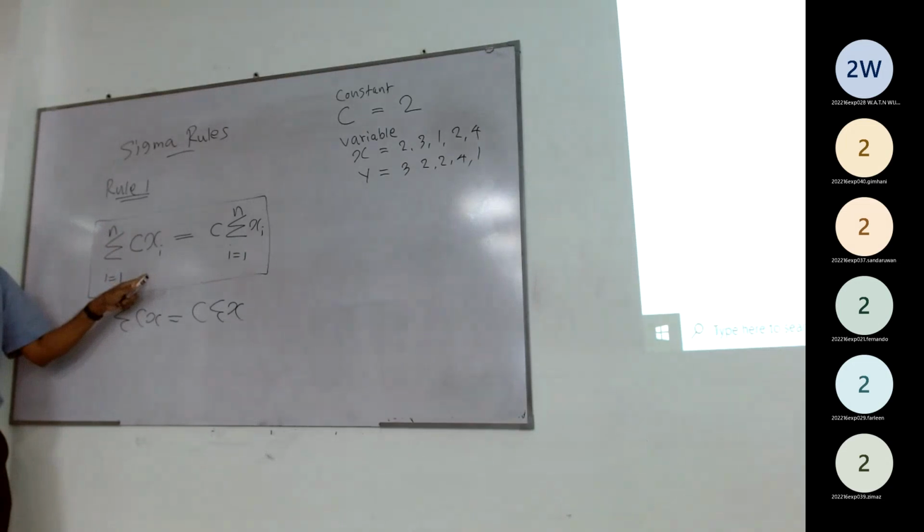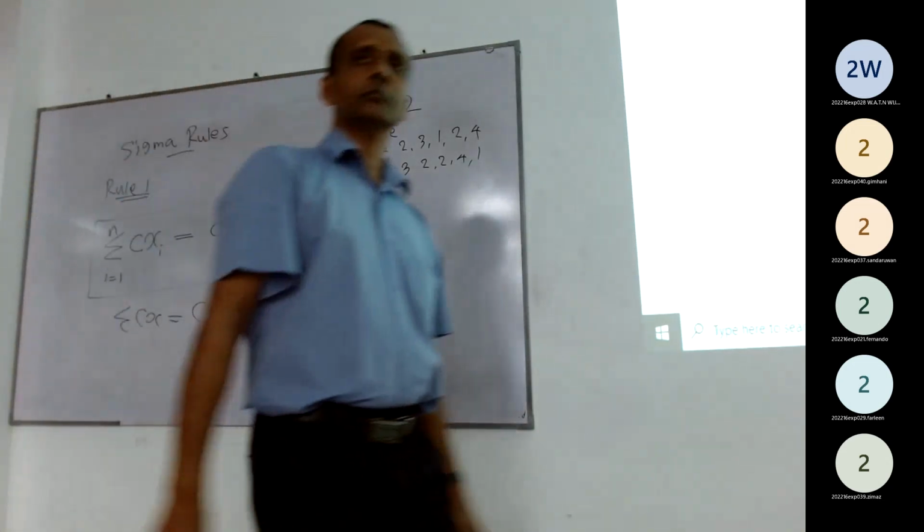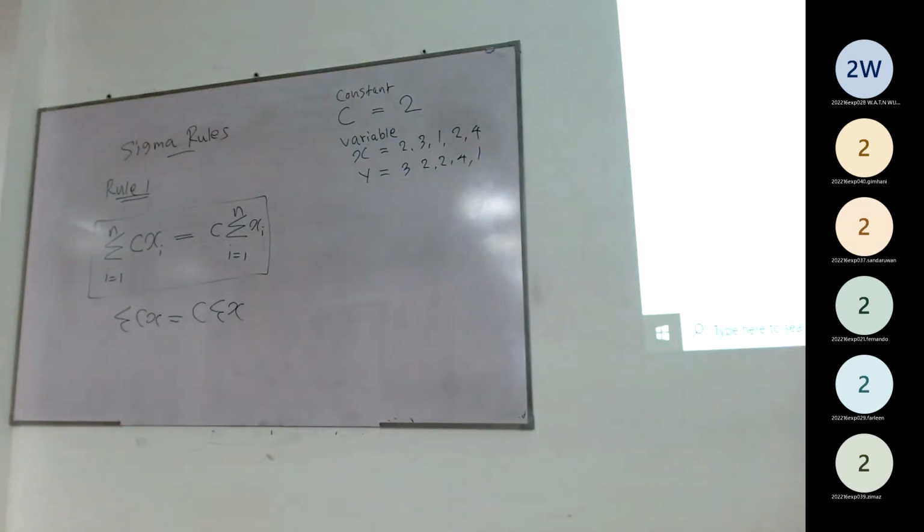Right. Then we write down. Rule one. If a variable is multiplied by a constant and take the summation, that value is similar to summation of the variable multiplied by constant.